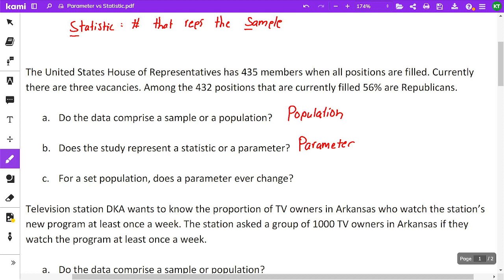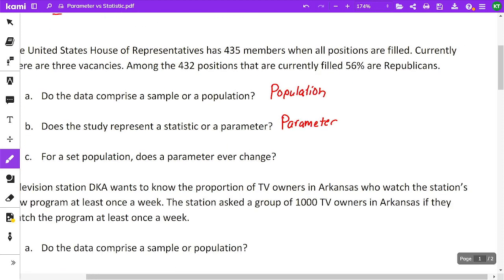So our population can change if we add more members to Congress, or if those positions get filled, or if some of the chairs in the House of Representatives flip, so we get more Republicans, or more Democrats. Okay, so for the set population, does a parameter ever change? We can say yes, if the population changes.